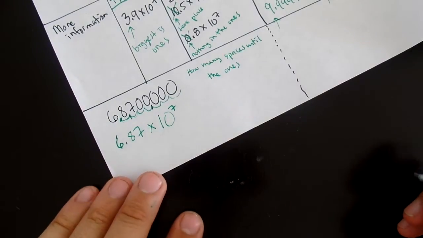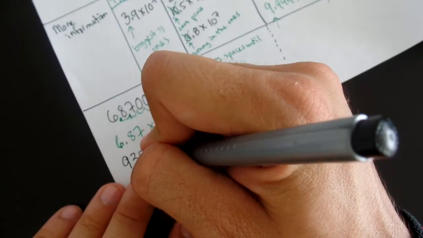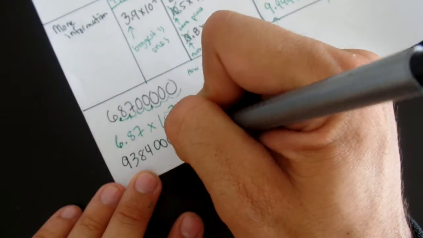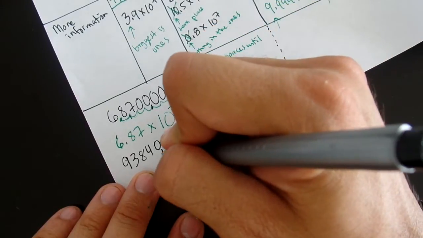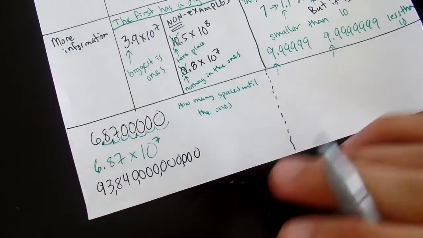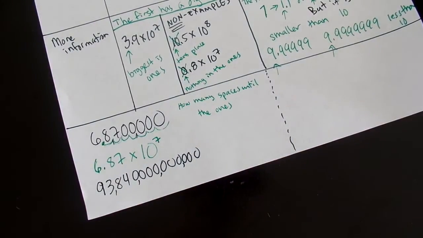This is probably the most confusing part for students. Let's do another example. 9, 3, 8, 4, 0, 0, 0, 0, 0, 0, 0, 0, 0, 0. Okay, we have this really huge number, which is million, billion, trillion. So 93 trillion.